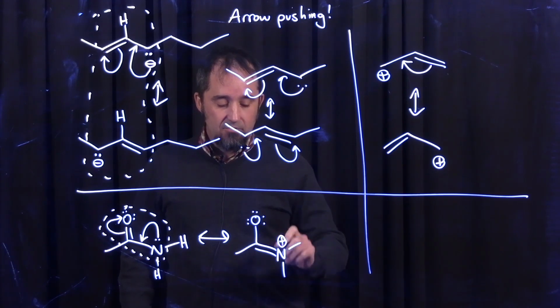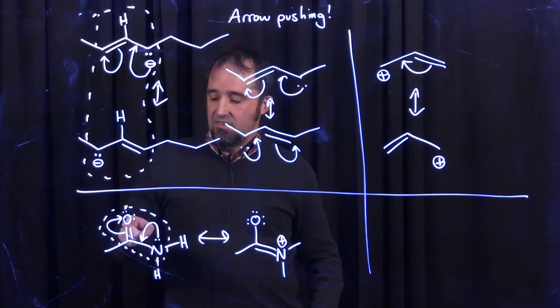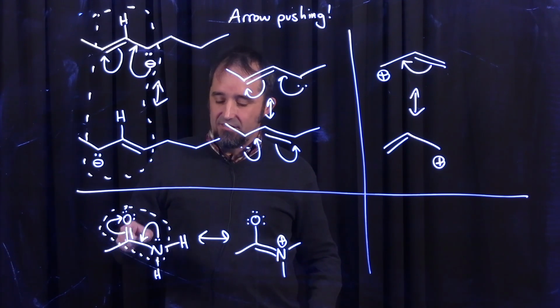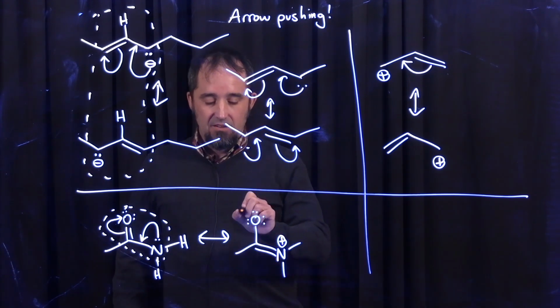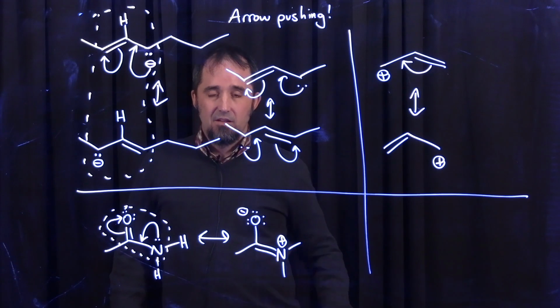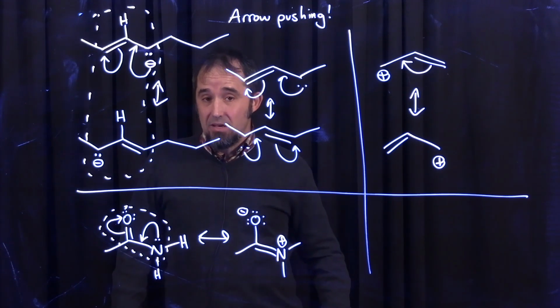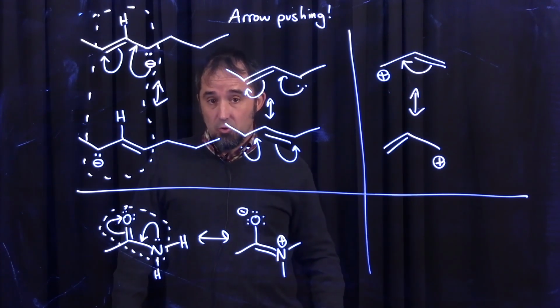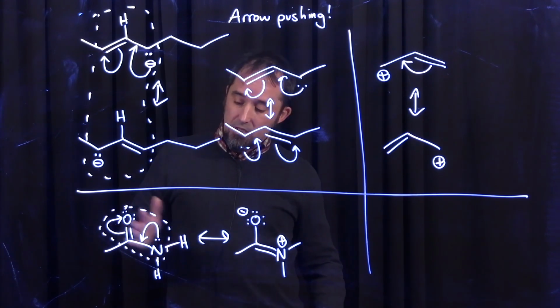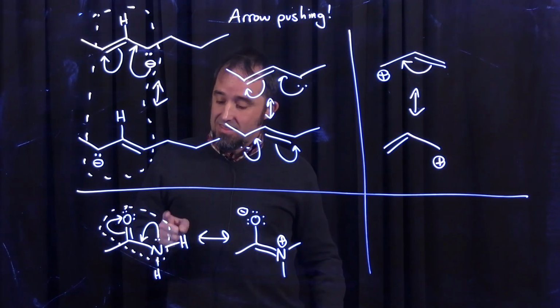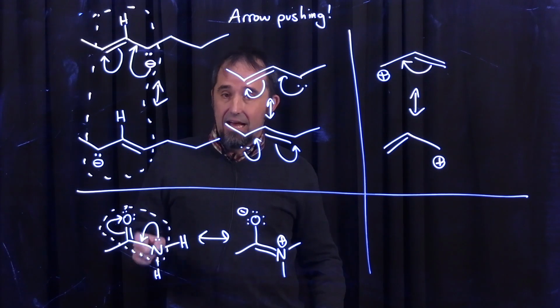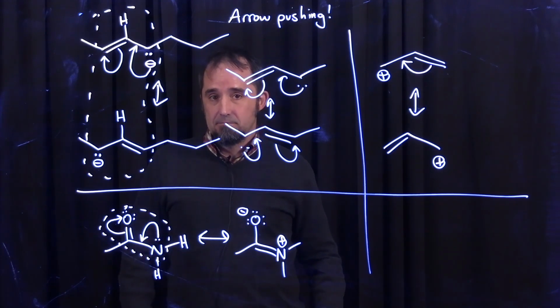That's a positive nitrogen. This oxygen is getting electrons. Extra lone pair, that's negative. So this helps explain why amides are so polar. They're so polar because of this really important resonance between that lone pair and that CO pi bond.